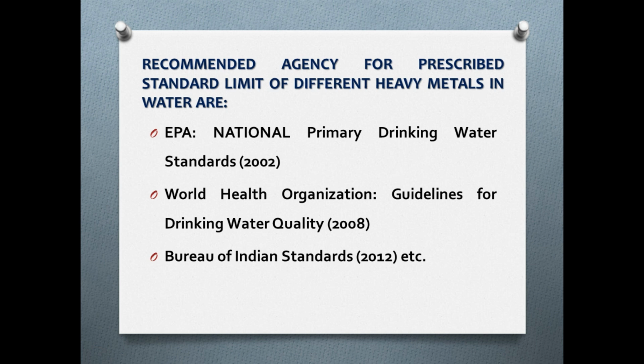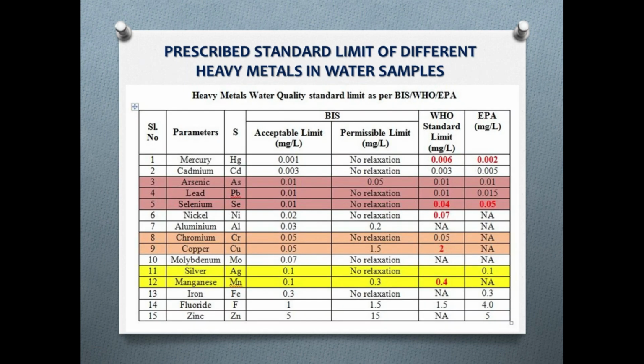So from these sources, the data for different prescribed limits for different heavy metals in water samples are presented in this table. Here in this table, you can see that for different heavy metals present in water samples, the Bureau of Indian Standards provides both the acceptable limit and the permissible limit, whereas WHO and EPA only provide the standard limit for each heavy metal.